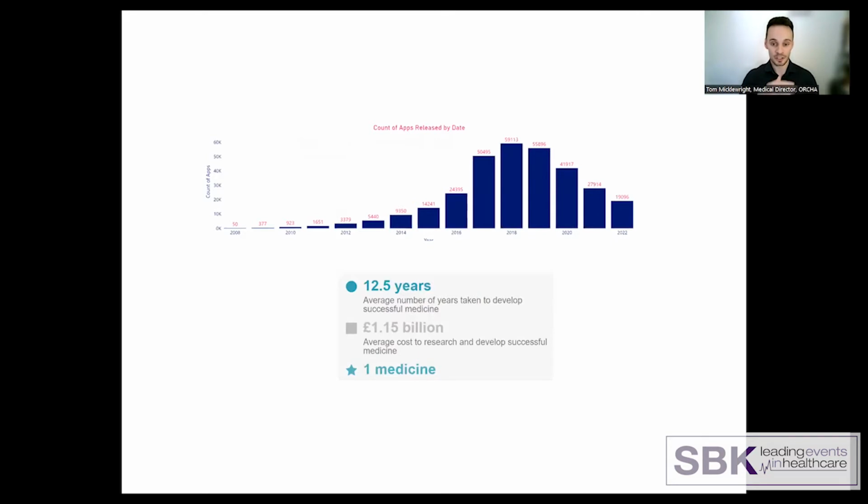The other thing is, I showed you this chart before showing the number of digital health products entering the market. This is scary, but this is also a sign of innovation. We've got a very competitive market with some amazing products coming through, and we want to encourage that. But when you look at the pharma industry, it takes 12 years for a single product to reach market at a cost of over £1 billion.